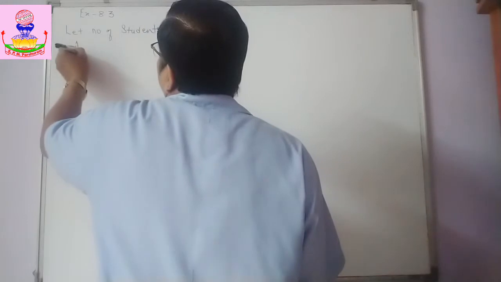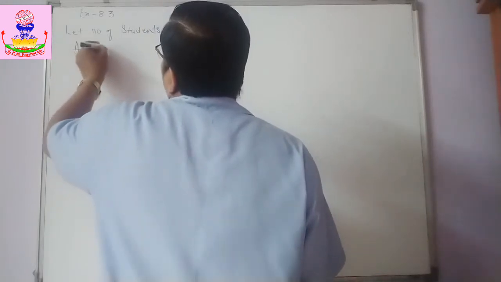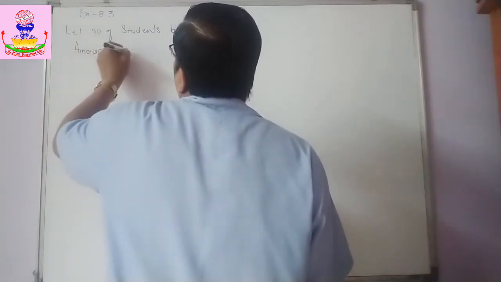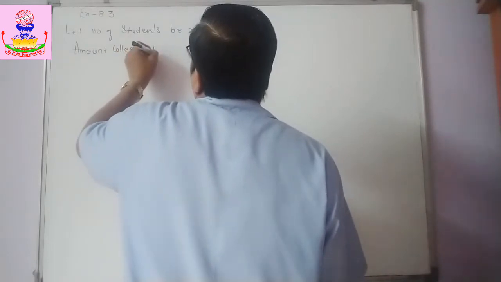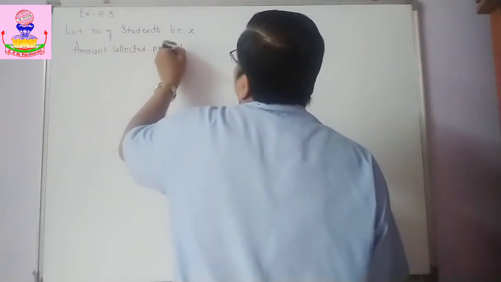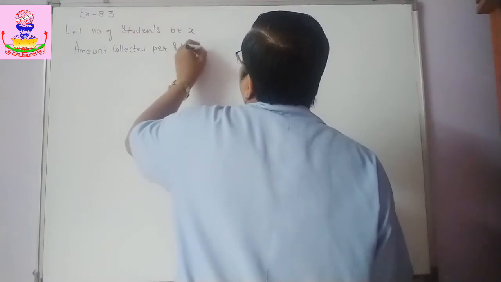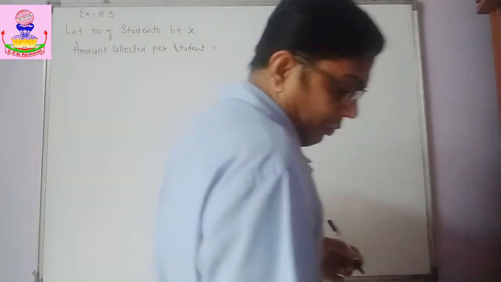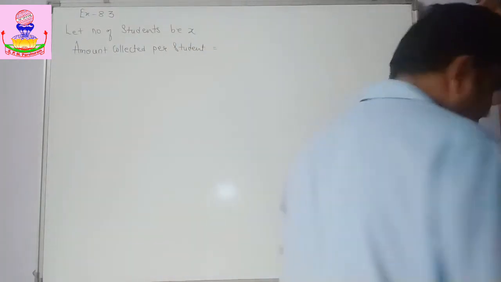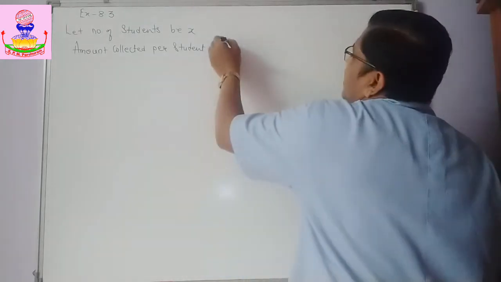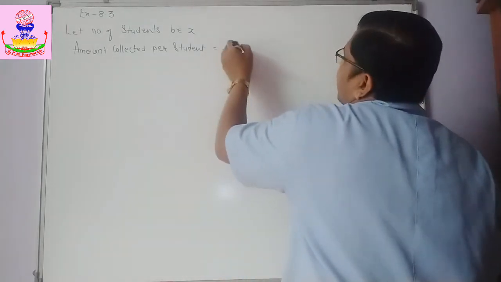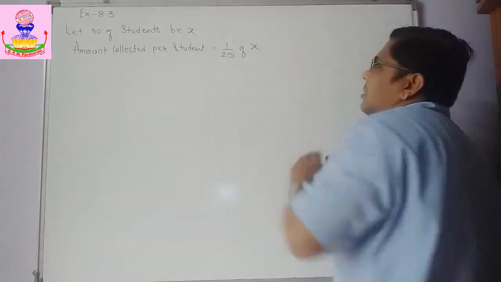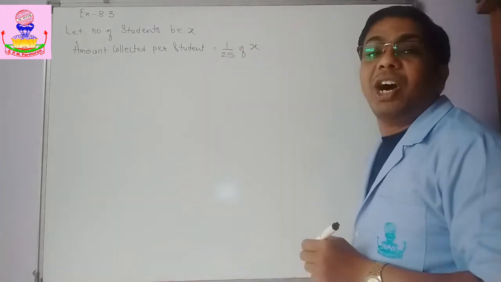Now, the amount collected per student. How much was it? 1/25th of the total number of students. So 1/25 of x. Total number of students is x.